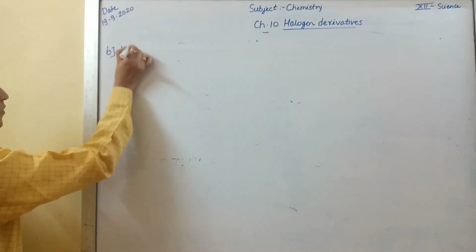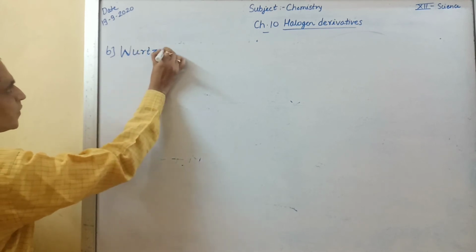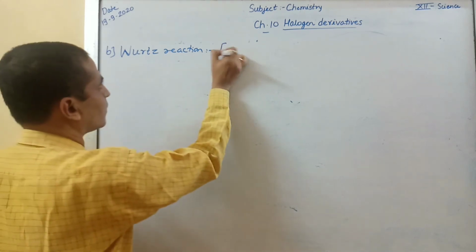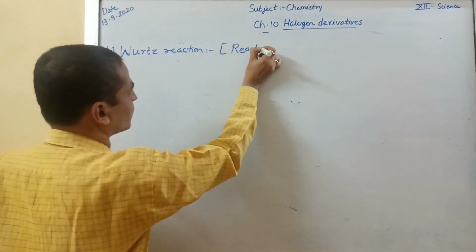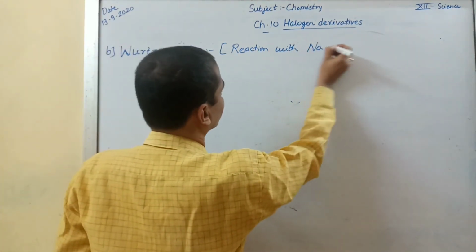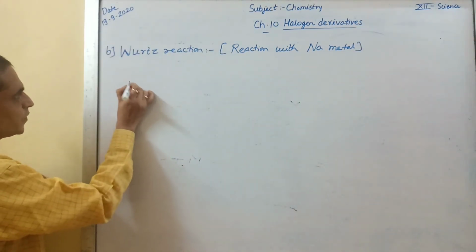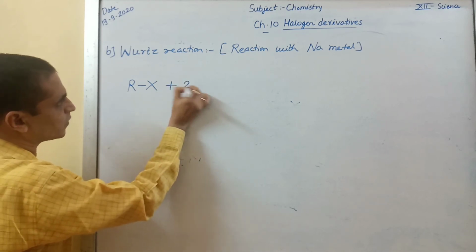Now consider the next reaction, that is what? Wurtz reaction. This reaction was already studied in 11th standard, that is reaction with sodium metal, Na. Now it is very easy. When alkyl halide is treated with what?